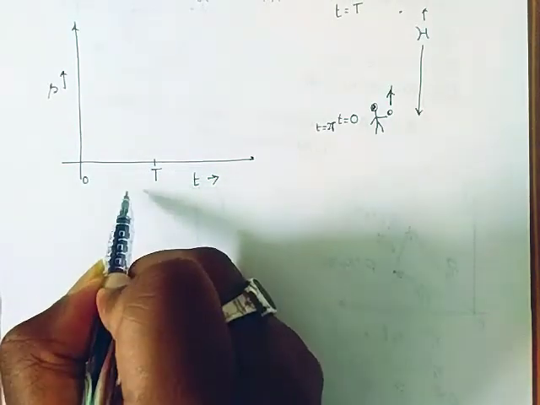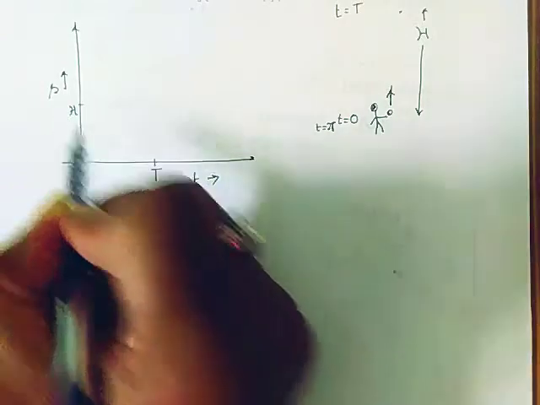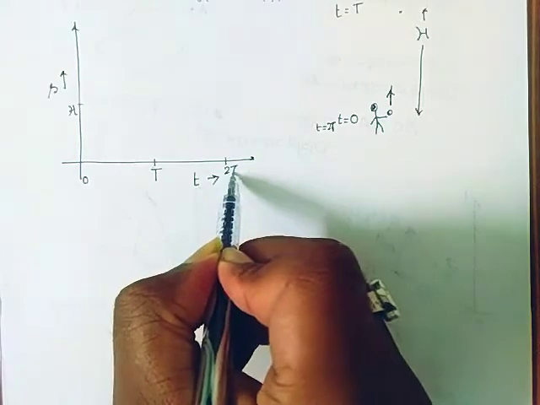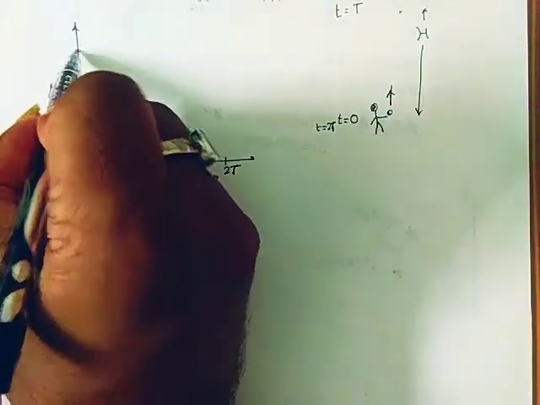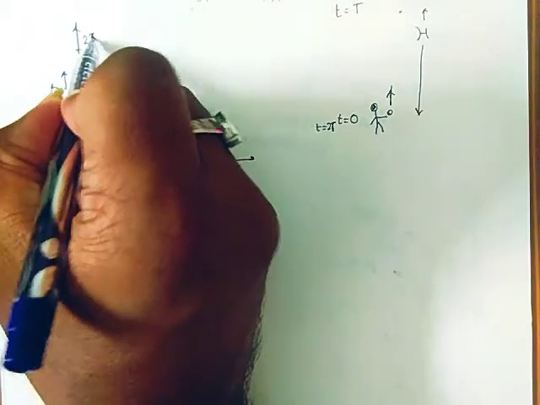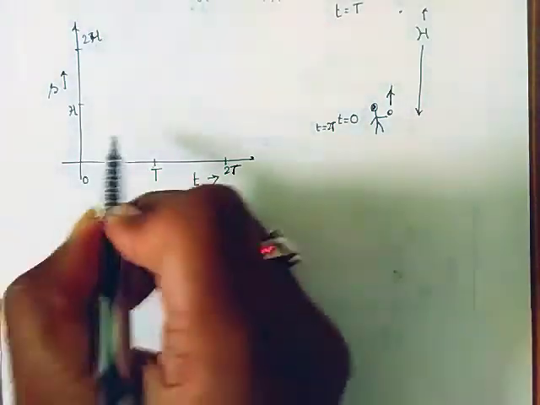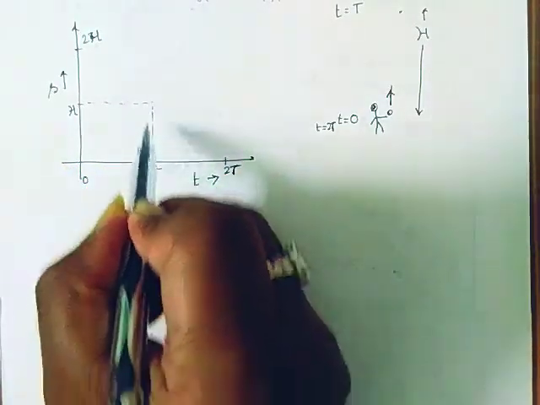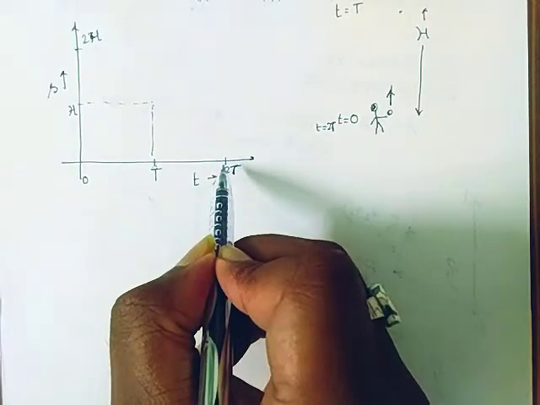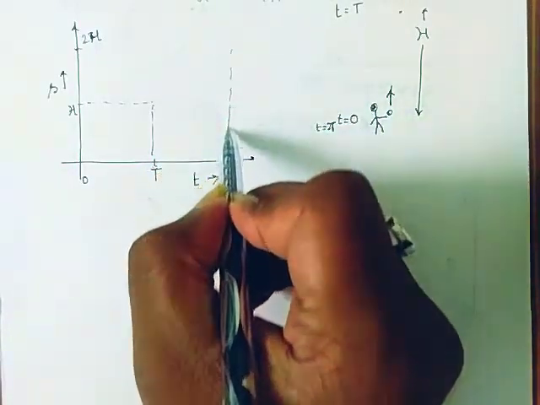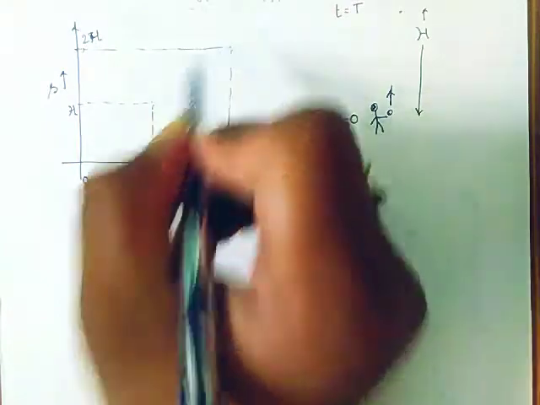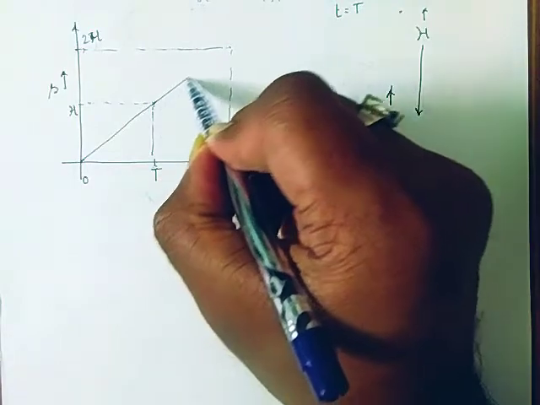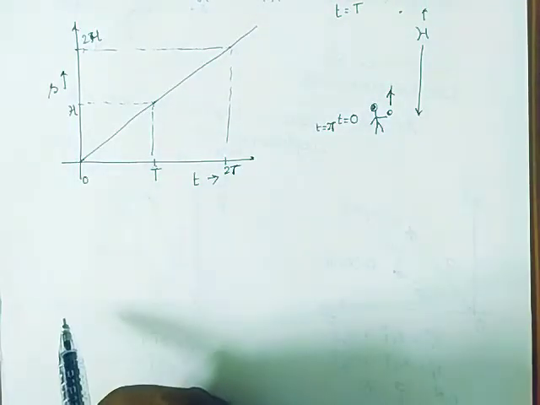At t equal to T, it is at a height H. After that, when t equal to 2T, it returns again, and the distance is 2H. At t equal to T, it is at H, and at t equal to 2T, the distance is 2H. So if I connect this, we get a straight line, that is the distance.